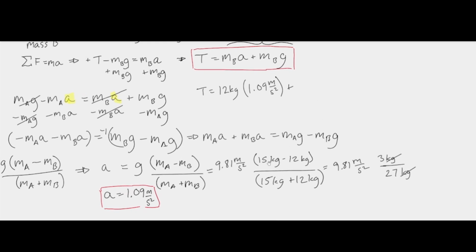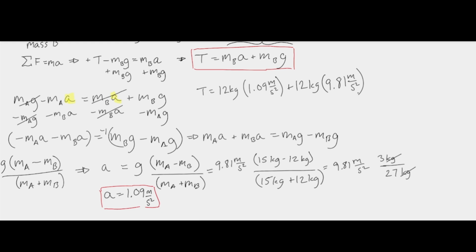So we have now the mass of B once again is 12 kilograms. I'm just following the formula now. And we have this multiplied by gravity, which is 9.81 meters per second squared. So I can plug this into my calculator exactly as it is. It'll take care of the order of operations. So I have a 12 times 1.09 plus 12 times 9.81.